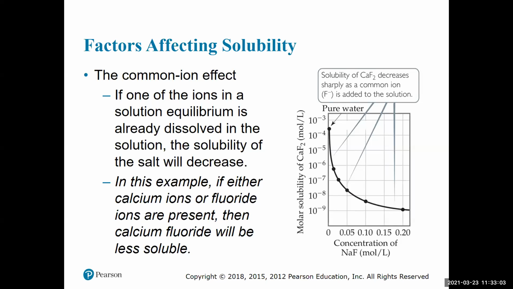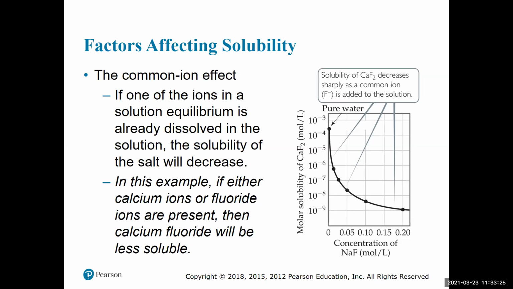In other words, the common ion here, the F minus ion, is being added. As the fluoride concentration increases, it pushes that equilibrium back to having less of the calcium fluoride dissolve.